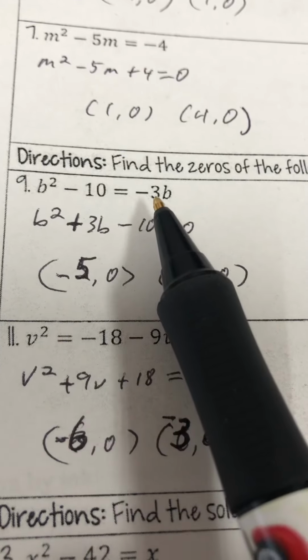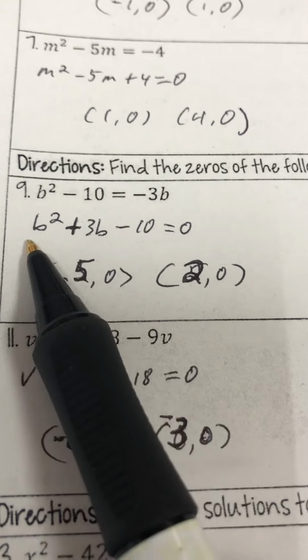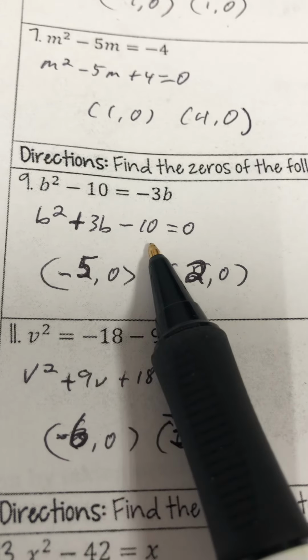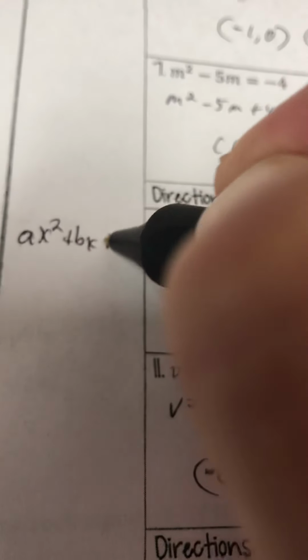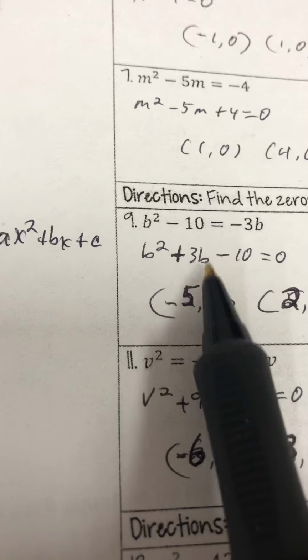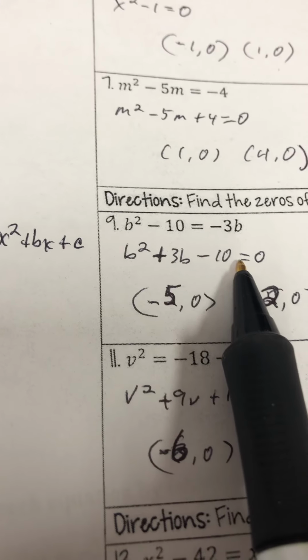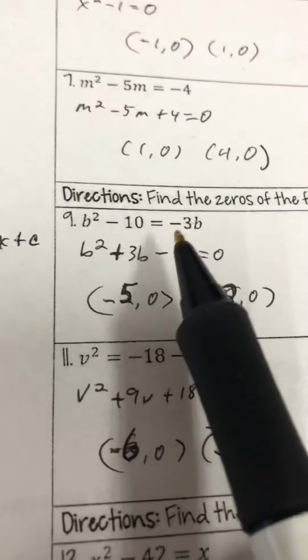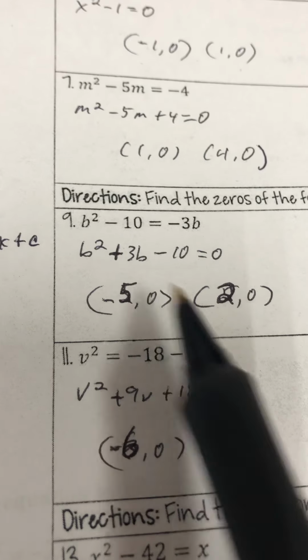Now, I had to add a 3b to both sides, and I put it in the correct order because remember, standard form is ax squared plus bx plus c. So you have the variable squared, the variable, and then no variable. And I had to add a 3b to both sides.